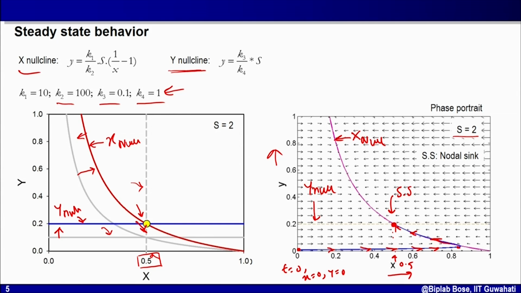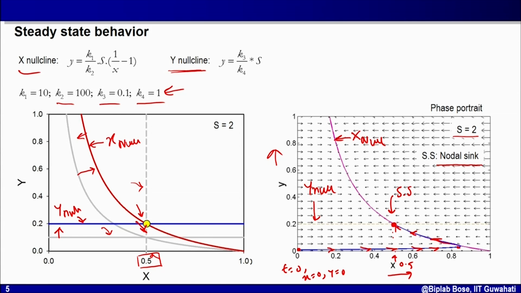You can start from any point, and eventually you will collapse at this steady state where x equals 0.5, near 0.5. In this case, this steady state is actually a nodal sink. So that means this steady state is a stable one.